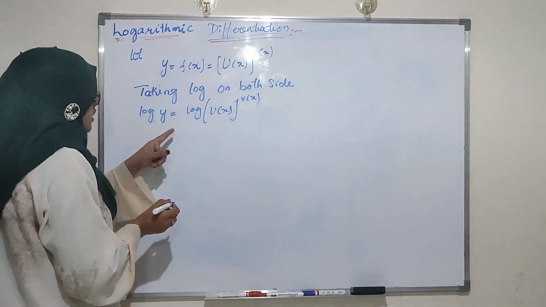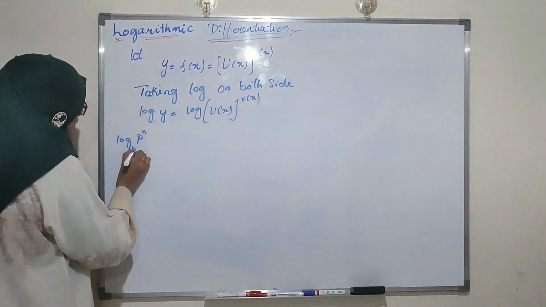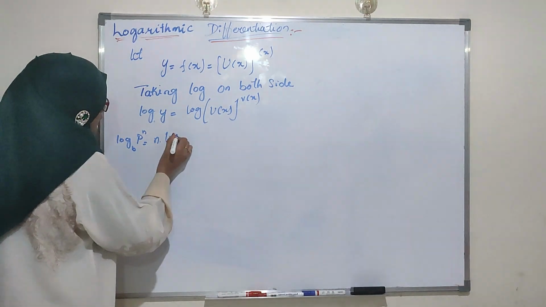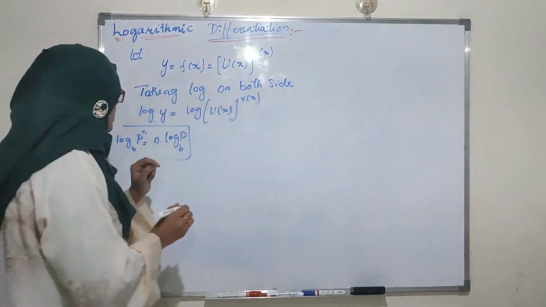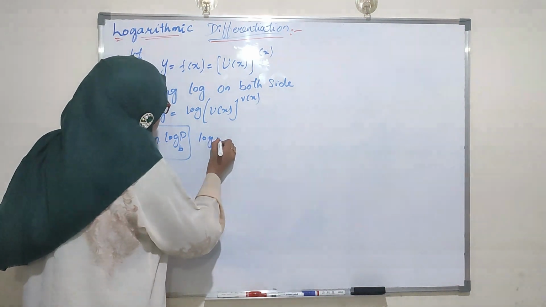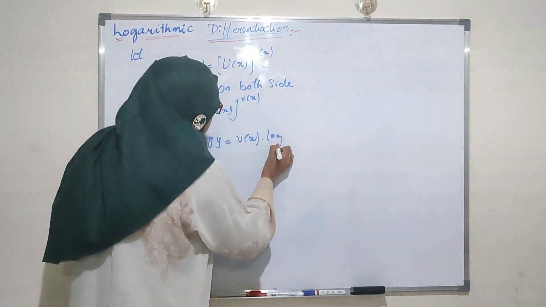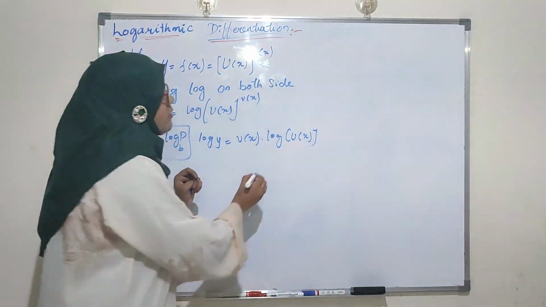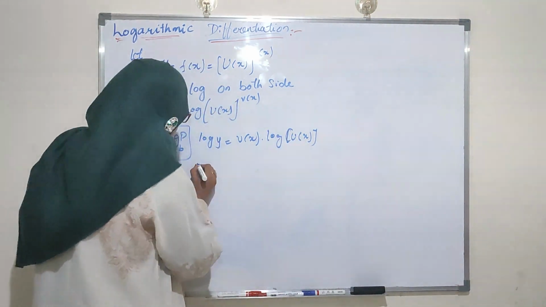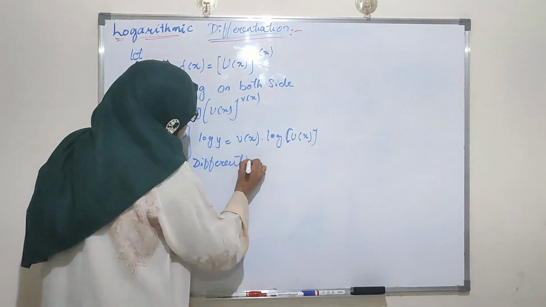But we know one property of log: log of p raised to n to the base b is equal to n log of p to the base b. This is one property of log. By using this property here, we will get log of y is equal to v of x into log of u of x. Now we can simply differentiate, differentiating both sides with respect to x.